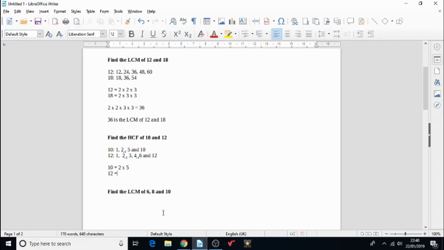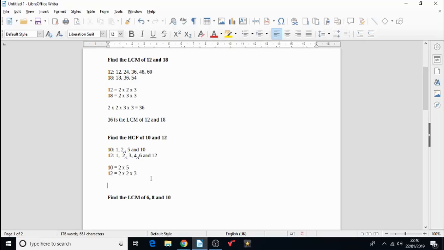To get 12, 2 multiplied by 2 multiplied by 3. You simply just take the common factor, the common number that's in both of these, and that is your highest common factor, therefore also known as your greatest common divisor.